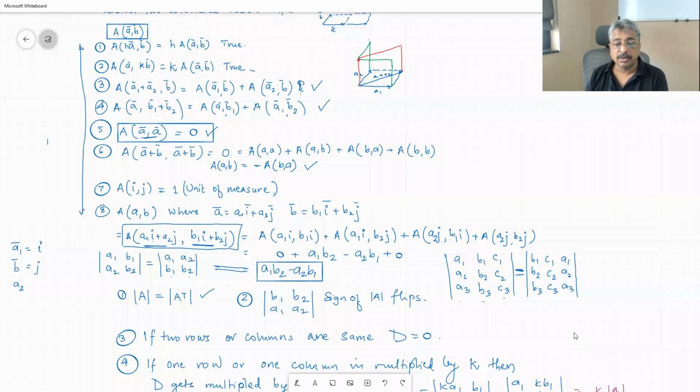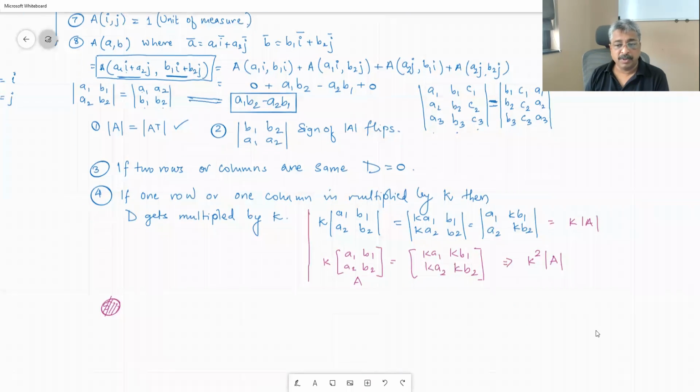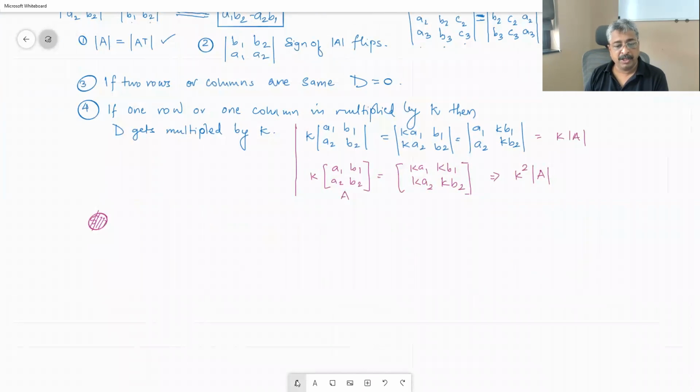So let me write down the first problem. It is not going to be very easy, but not very difficult. Problem number 1.